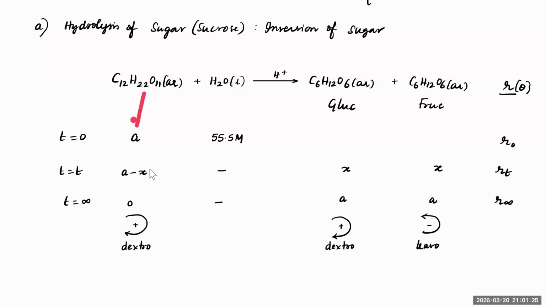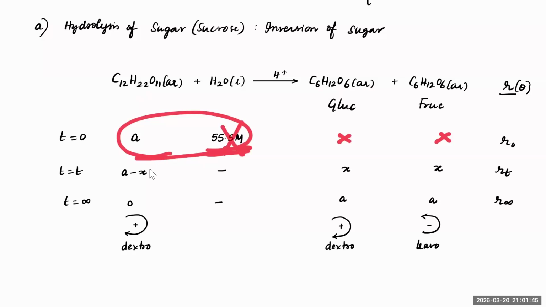If cane sugar or sucrose has a number of moles or a concentration initially, and water concentration is very high, there was no glucose and fructose to start with. Water has no optical activity as such, so only initially we have sucrose.